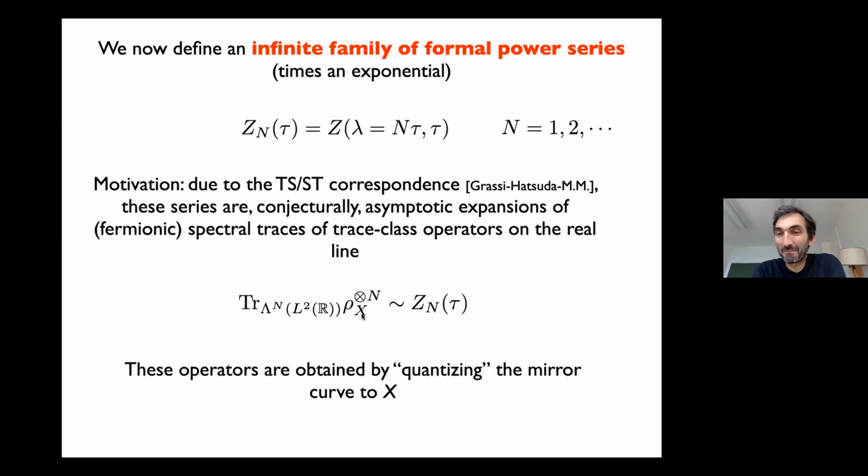Given any toric Calabi-Yau manifold X, you can construct a trace class operator such that the spectral traces of this operator, which are called fermionic spectral traces because you have to take some anti-symmetric product of your Hilbert space L2(R), have an asymptotic expansion which is given by this series. And n here is related to the number of powers of the Hilbert space that you are considering. Okay.